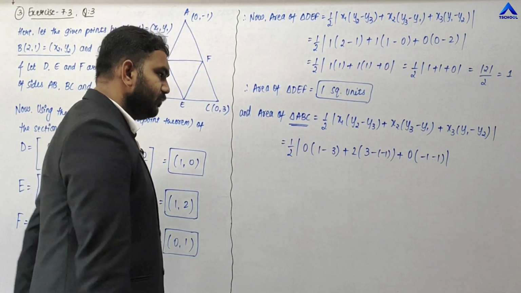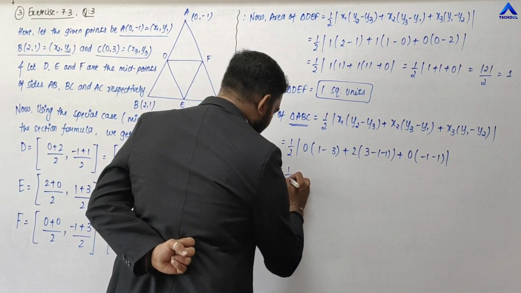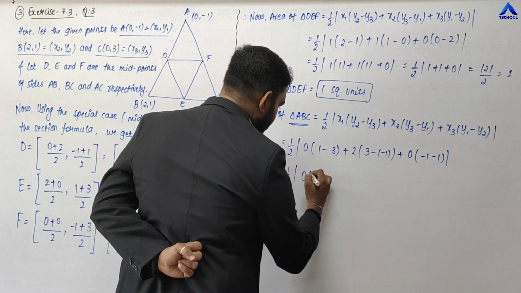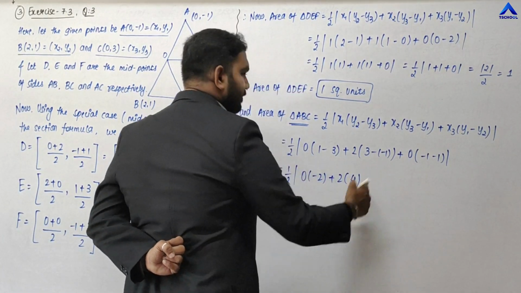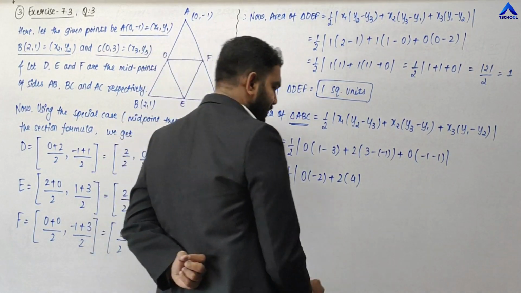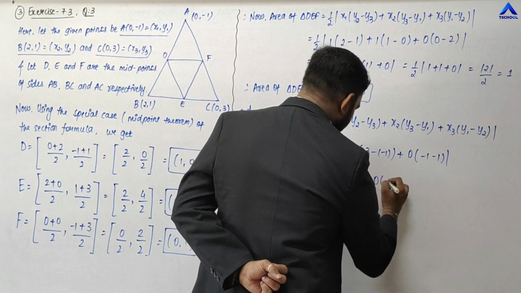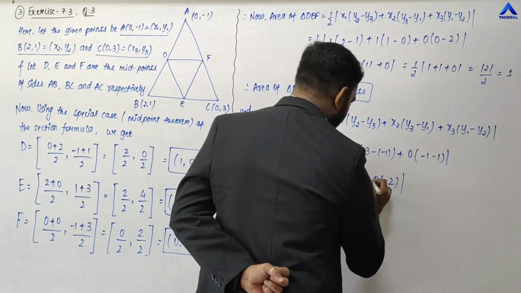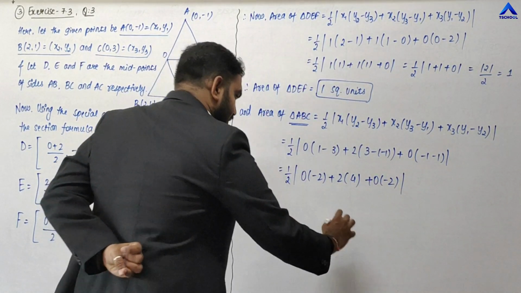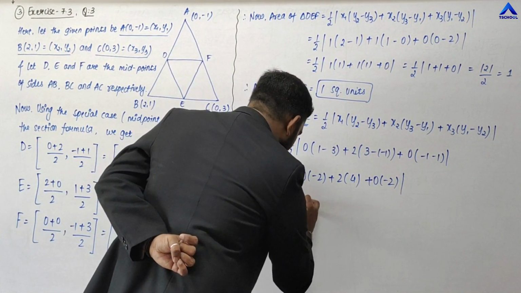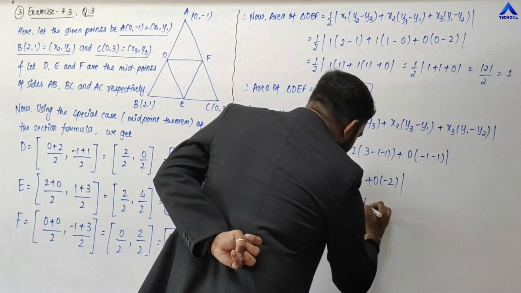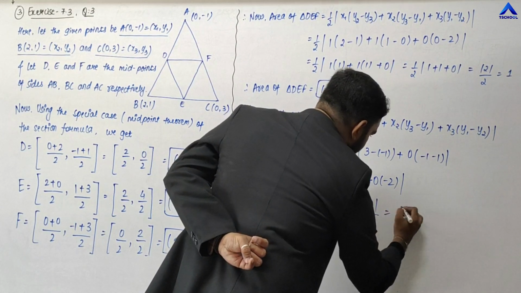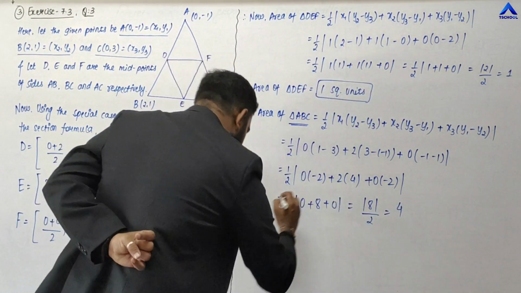So that is again 1 by 2 modulus of 0 into minus 2 plus 2 into (3 minus minus 1, so that is 3 plus 1, 4) plus 0 into minus 2 again, which gives me half modulus 0 plus 8 plus 0, that is modulus 8 by 2, which is equal to 4.